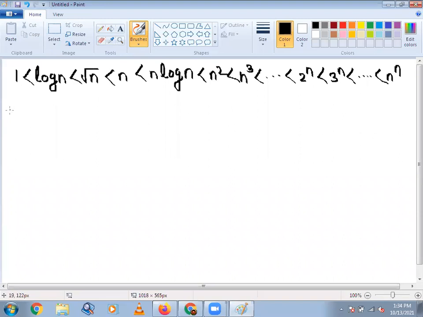So the concept we are going to see is big theta. Symbol is theta.